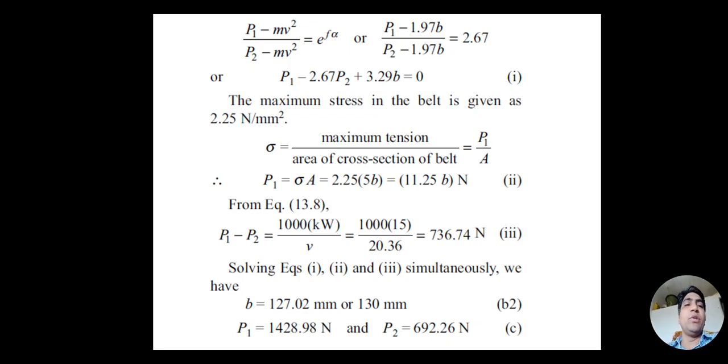By solving equations 1, 2 and 3, we will get b equal to 127.02 mm, which is approximately taken as 130 mm, P1 equal to 1428.98 Newton, and P2 equal to 692.26 Newton. Thank you.